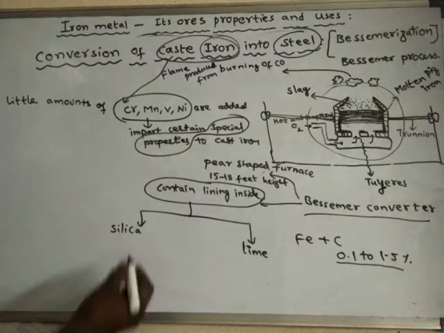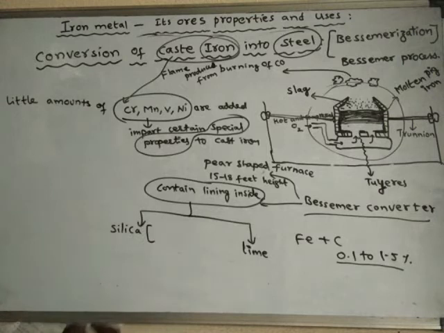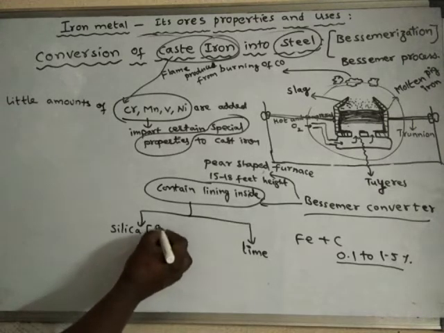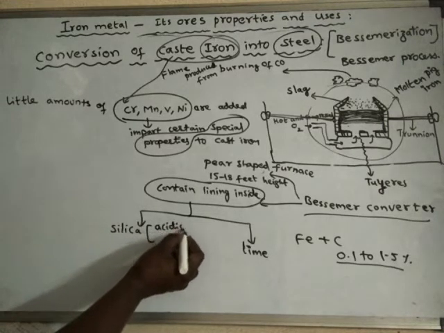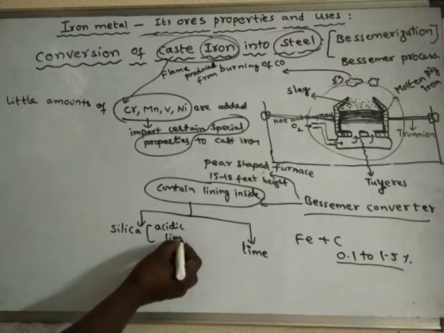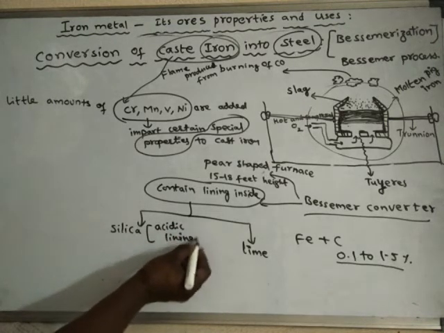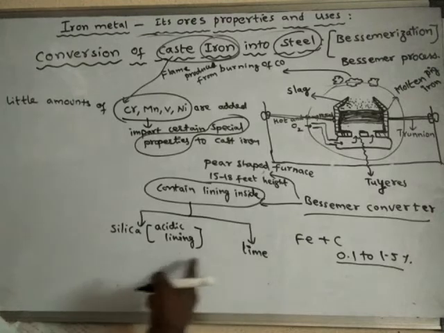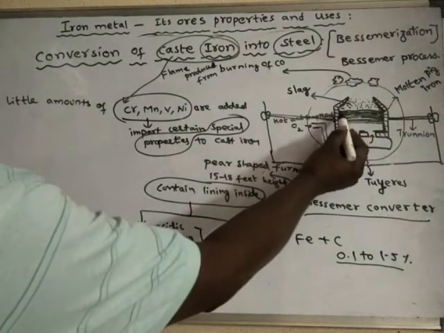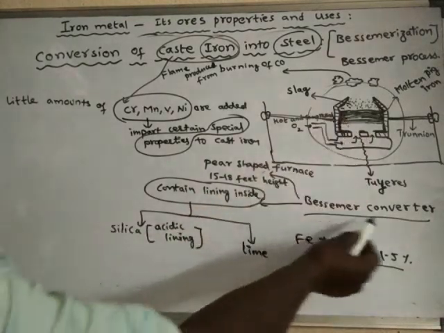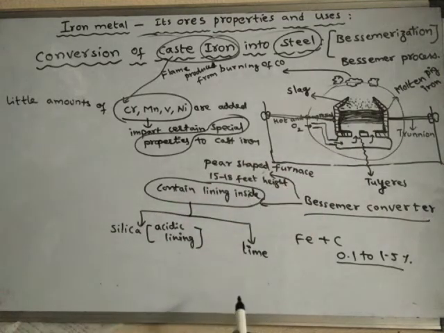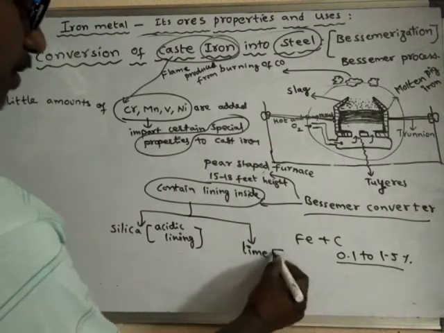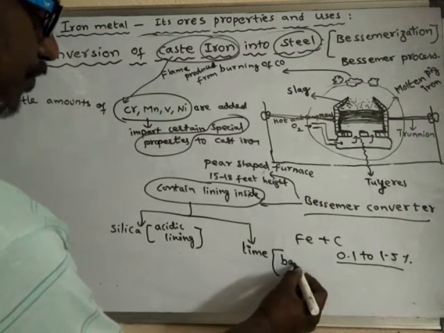If a silica lining is present, it is called an acidic lining. If it has a lime lining, then it is said to be a base lining.